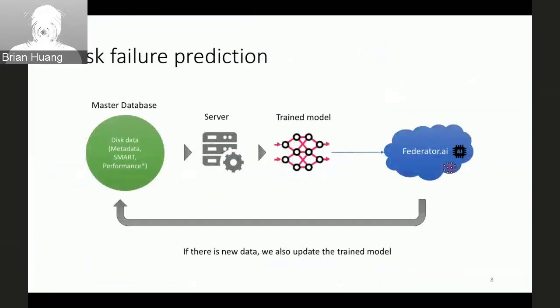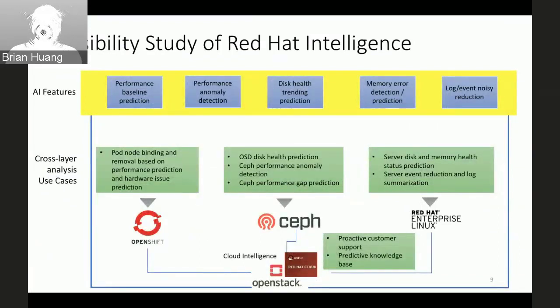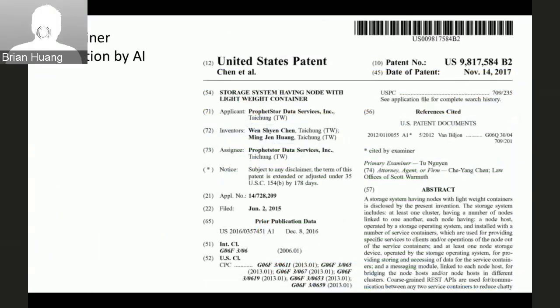I will skip this one, and this is the feasibility study. What we are doing right now is OpenShift for SAP. As Jeremy has just mentioned, we are working with the SAP community to provide failure prediction for SAP, because we know that when an OSD disk fails, it is a large-probability prediction. And we started our container study even before version 1 of Kubernetes.